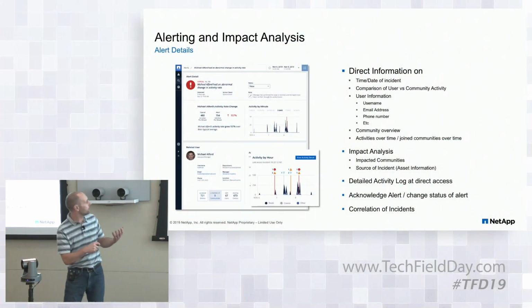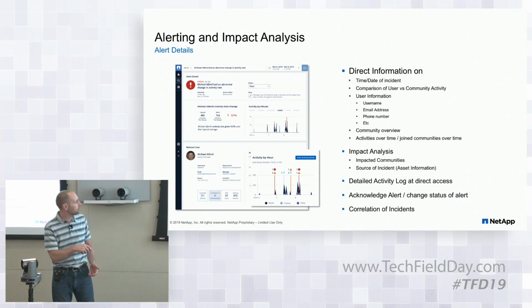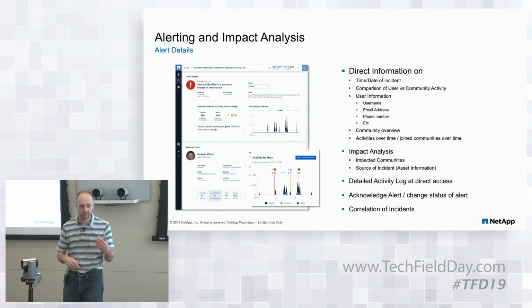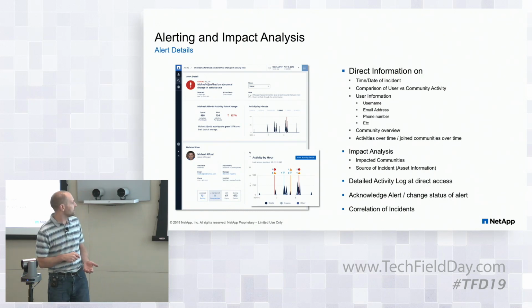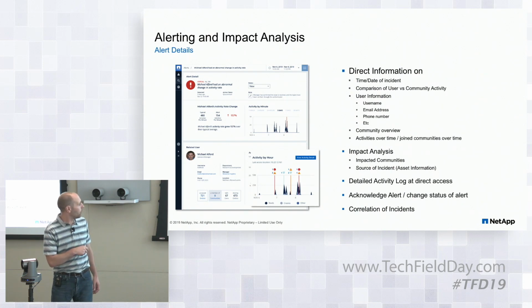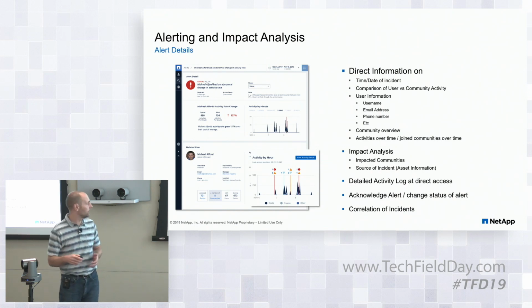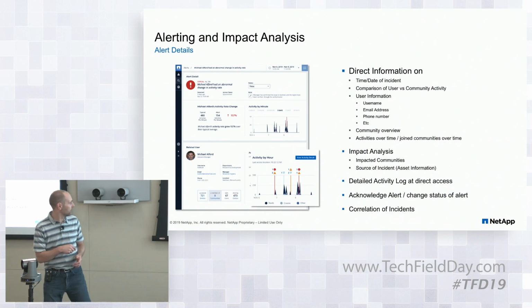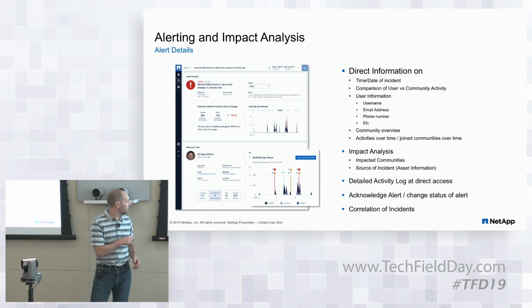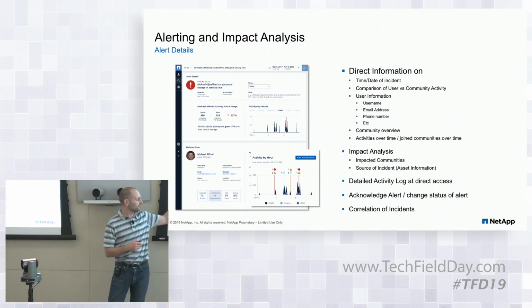So this is the kind of information we will be pulling: the type, the date of when the incident actually occurred, what that user was doing versus what their community was doing at that time point. That's the start of, are they outside of the behavioral norm? And we have information like their name, because we've tied into RAD.